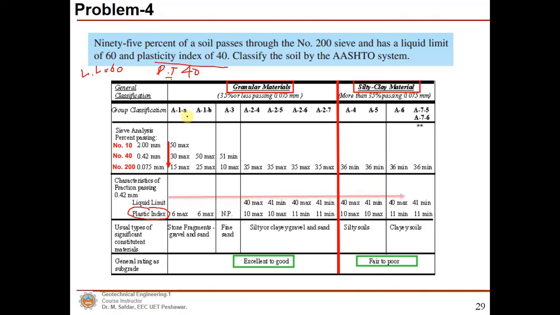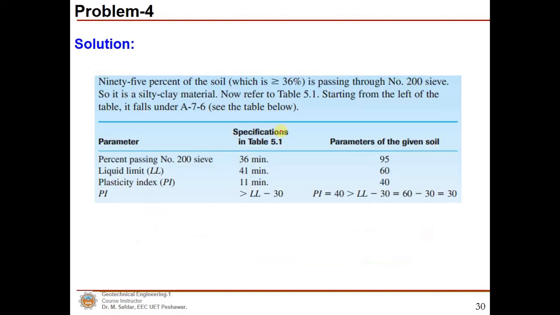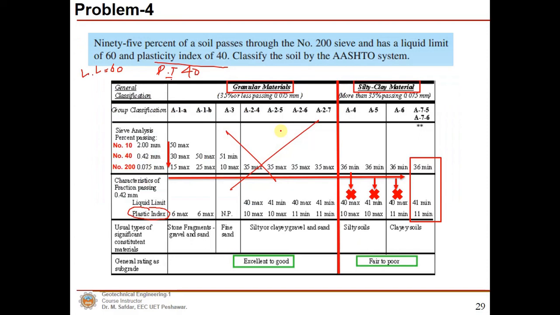So we can start from the left side, and as we can say 95% of soil passing through the number 200 sieve, so we can straight away cancel this granular material and we can focus on the silt clay material, and we can answer yes and no for different columns, and we can find out that this will be the A75 or A76 material.